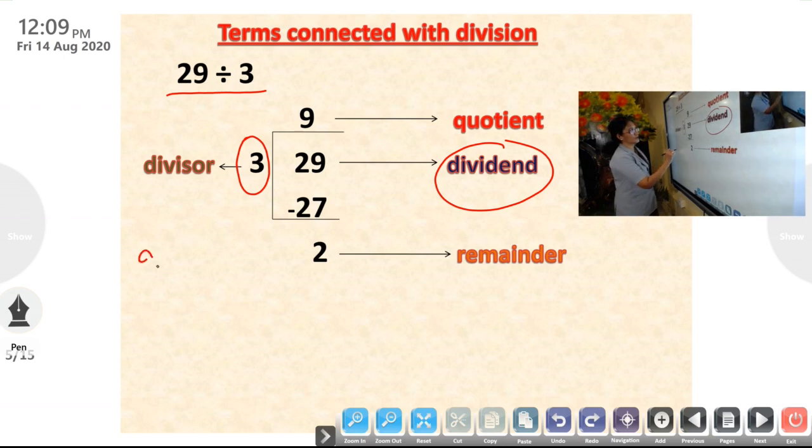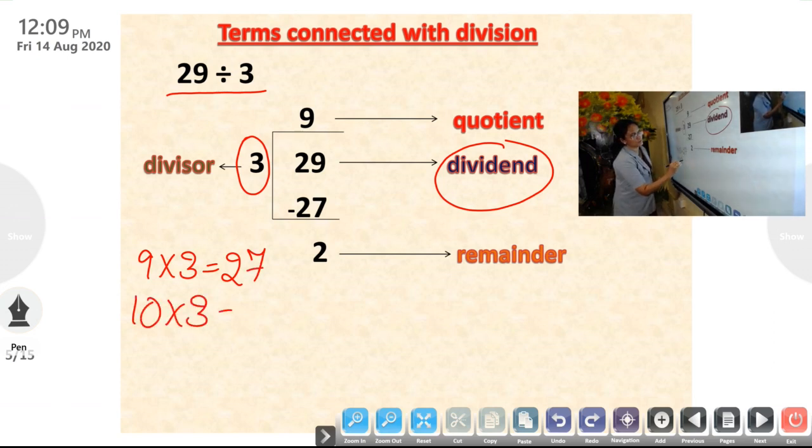Now look here, 9 into 3 is what? 27. And 10 into 3 is what? 30. But we have only 29 here, isn't it? So how many 3s we can take in 29? 9 3s or 10 3s? We can take only 9 3s because 9 3s are 27, 10 3s are 30.